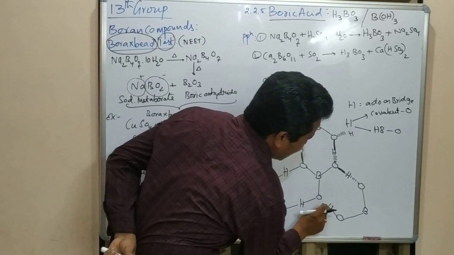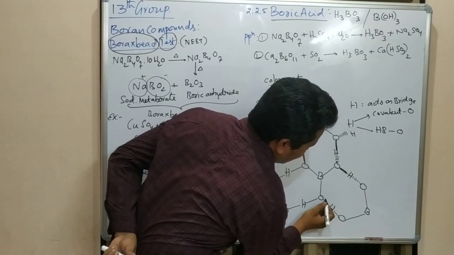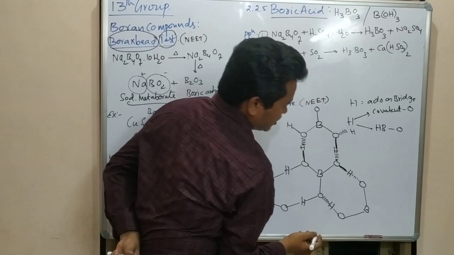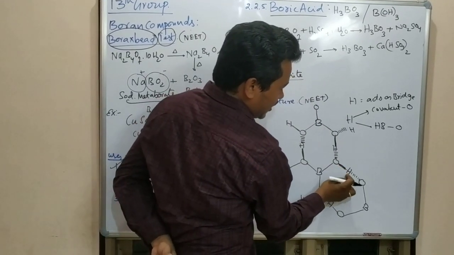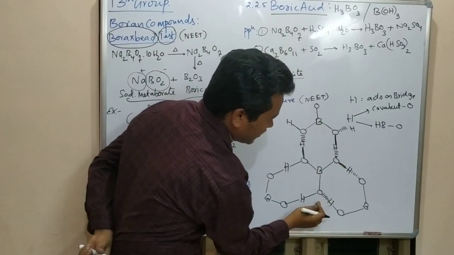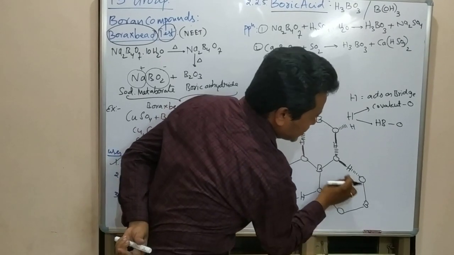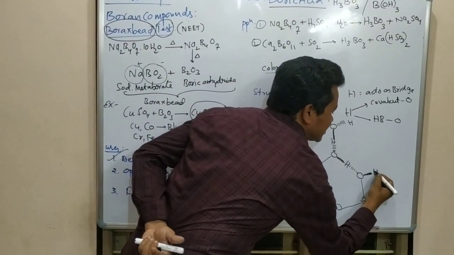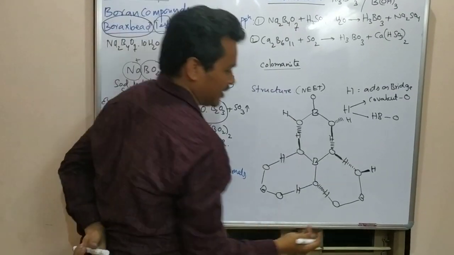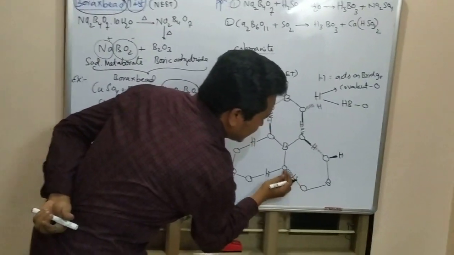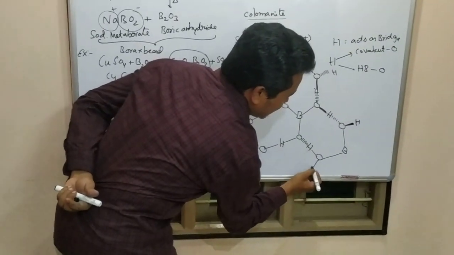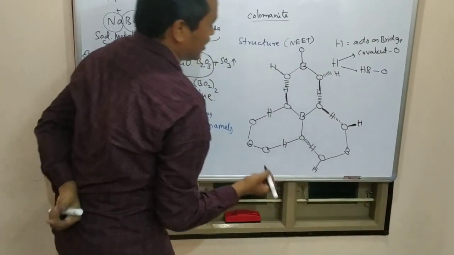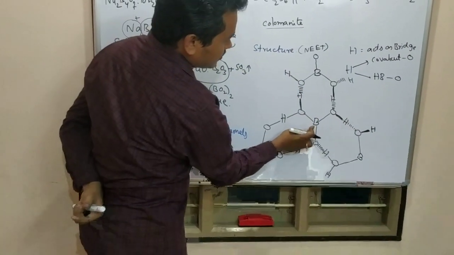Here I will maintain 1 hydrogen bond. B-OH. And this one you come here. Boron, OH. This oxygen has a hydrogen bond here, so definitely on the other side one covalent bond must be there. And in a similar way, here there is a hydrogen bond, similarly on some other side there will be a hydrogen bond.